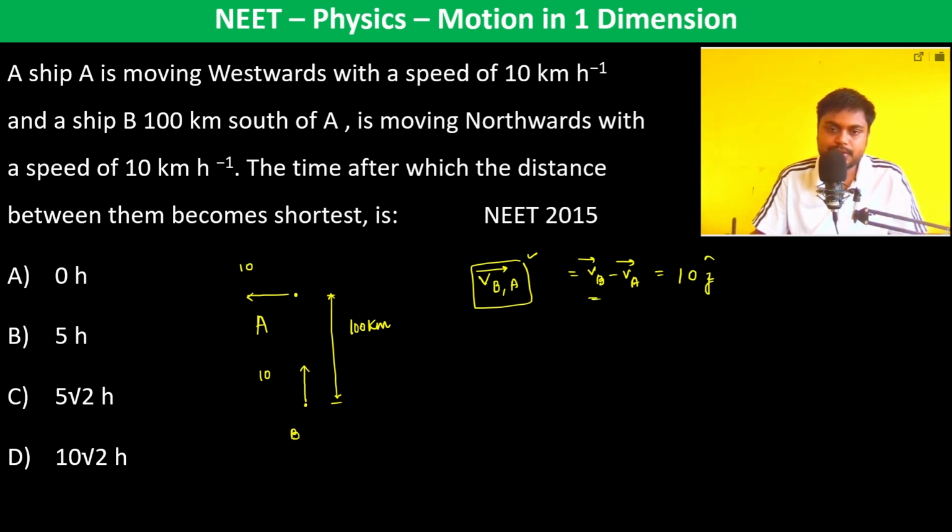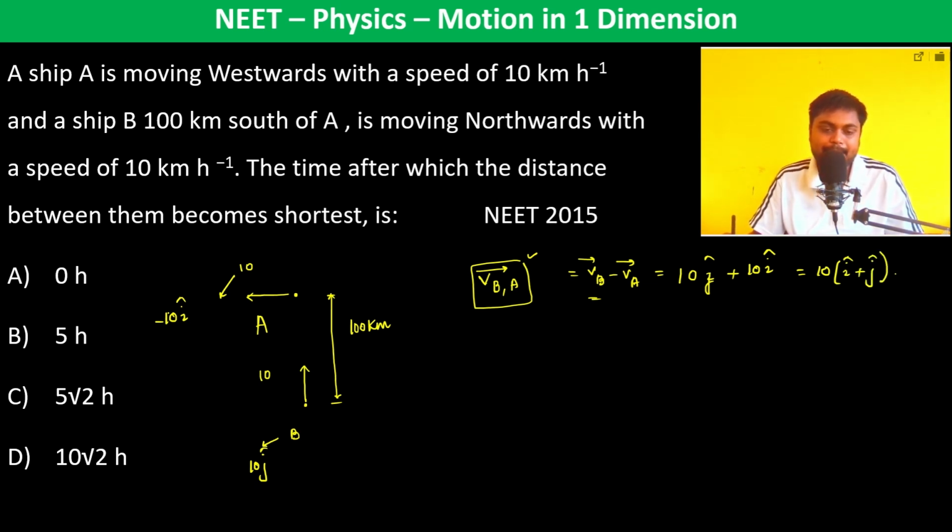See, this B vector is basically 10 j cap, and this A vector is basically minus 10 i cap. So therefore 10 j cap plus 10 i cap, which is equal to 10 of i cap plus j cap. So therefore velocity of B with respect to A is going to be in this direction.